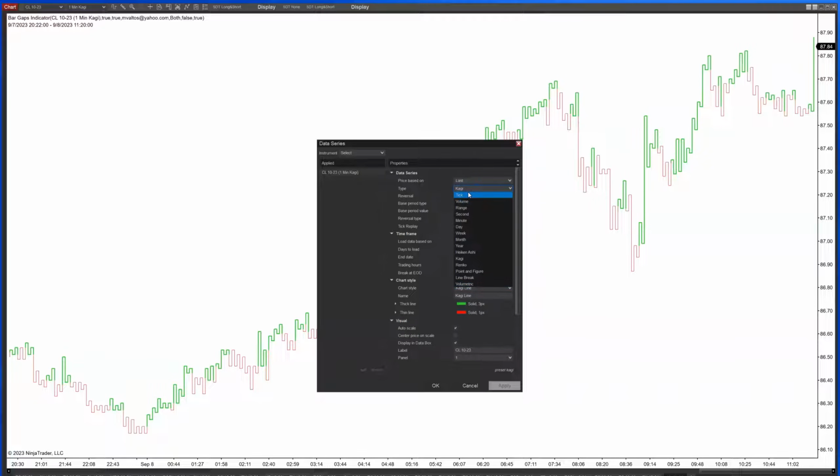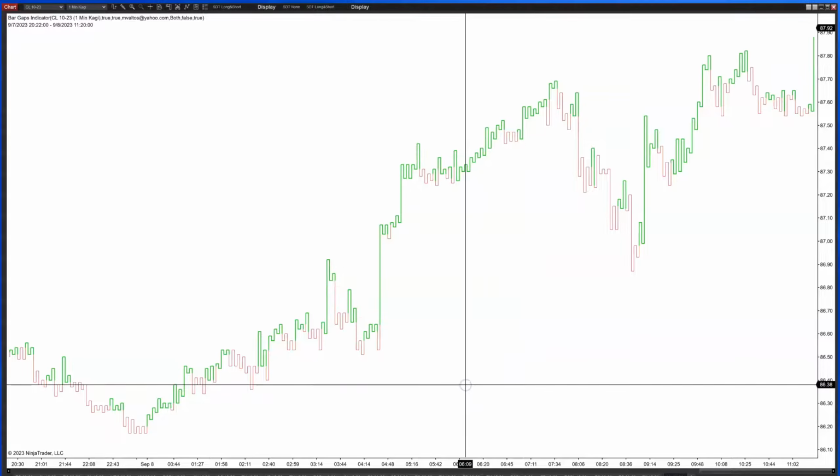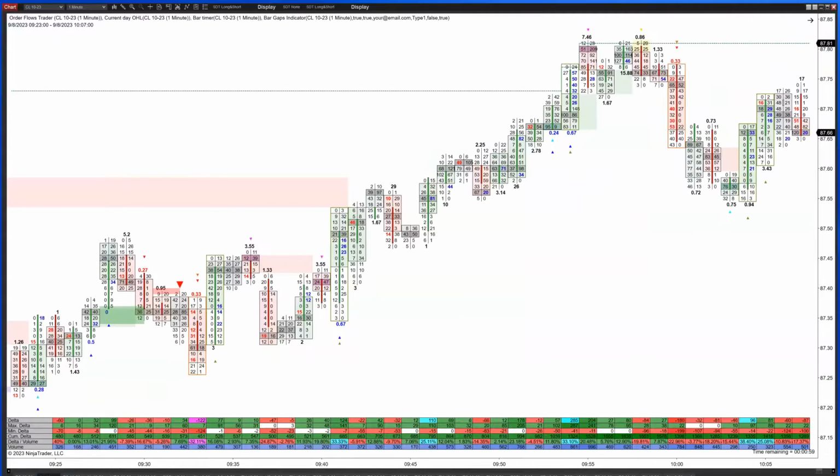But basically, I stay within tick, volume, range, second, minute. When I'm looking at a second-based chart, I use 30. I don't think you can really go down to a 5-second chart, at least for me, it's going to be very fast. 15 seconds, okay. But then you have to take into account things like latency.